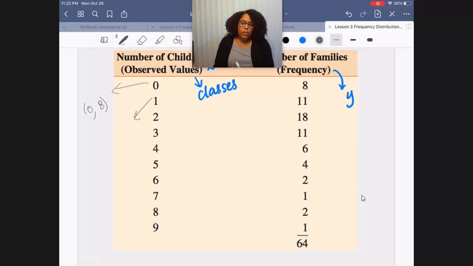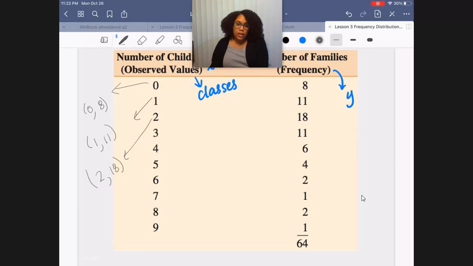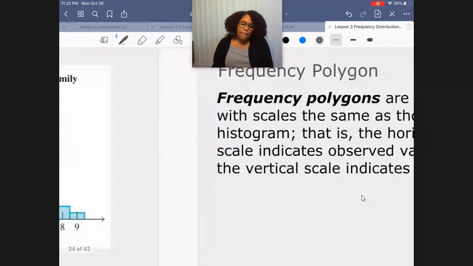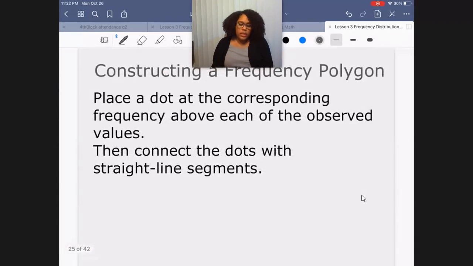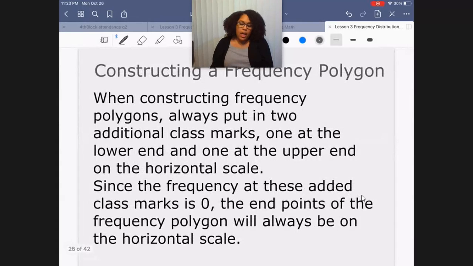And then this one will be like 1, 11. And then that one will be 2, 18. And so forth. We're basically going to turn them into ordered pairs, and then we are going to connect them with a line graph. What you will see also is that we're going to tend to use the midpoints of our classes for our frequency polygon.